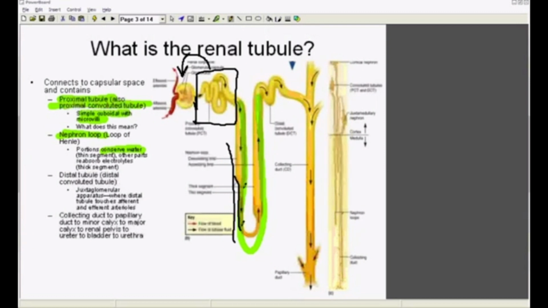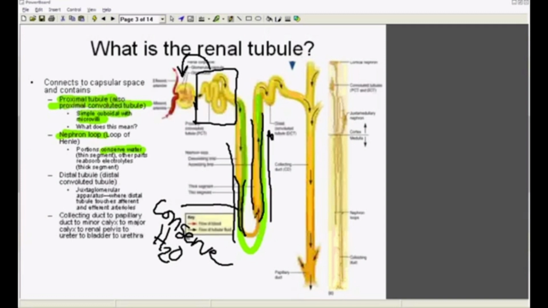It's called the thin segment, and this is where we conserve water. And then on the ascending part up here, notice how it gets thicker. That's called the thick segment. And this is where we absorb different electrolytes like sodium. We reclaim more sodium and potassium, etc.